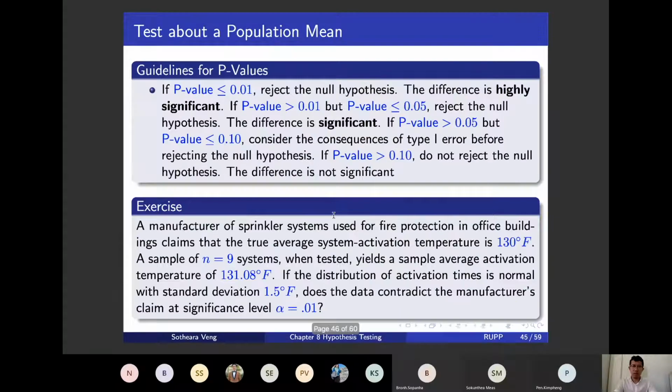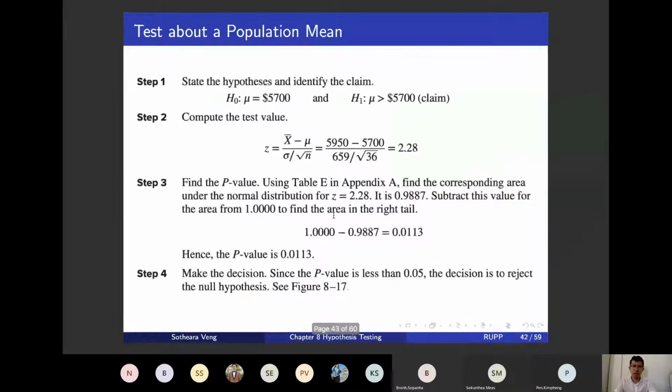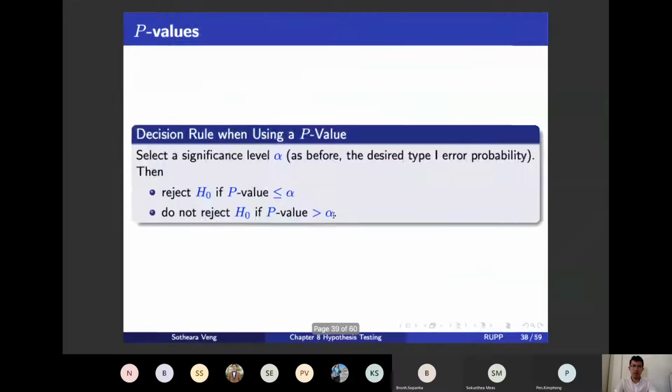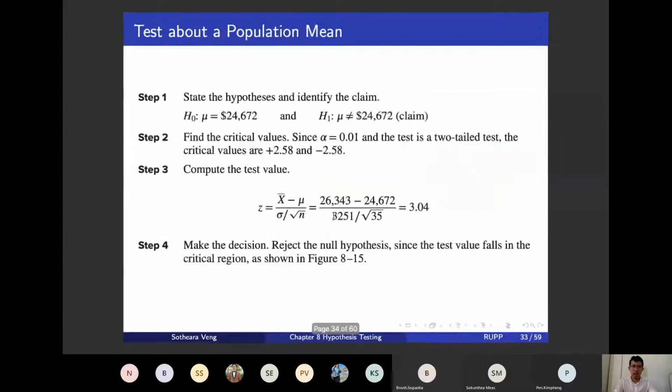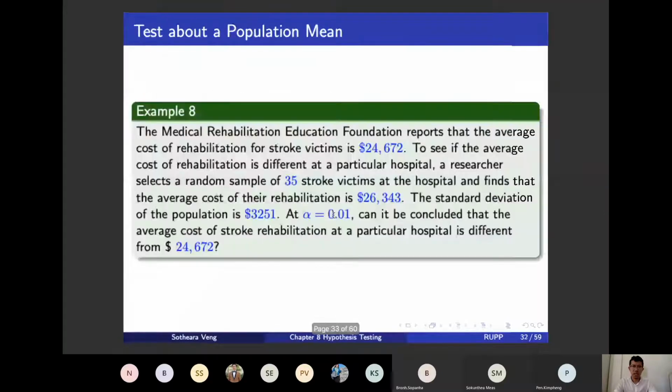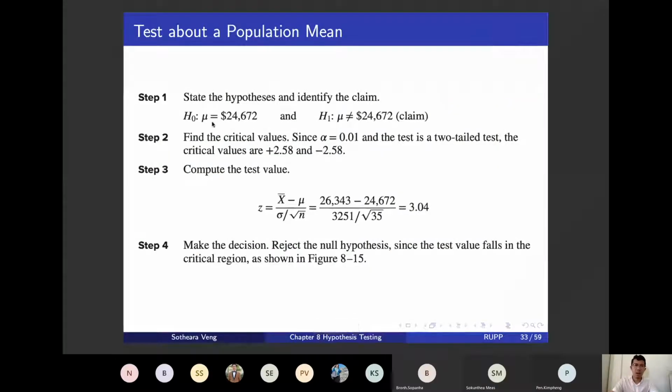For example, so far we have something like this. You may say that mu, the mean, is different from 24,672 US dollars. What does that mean?